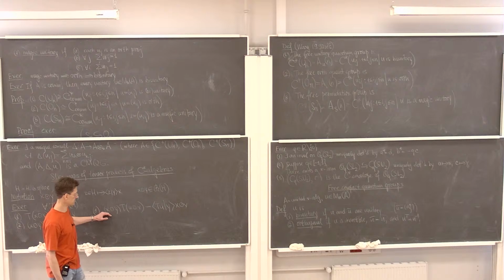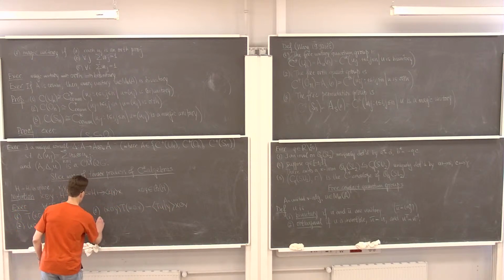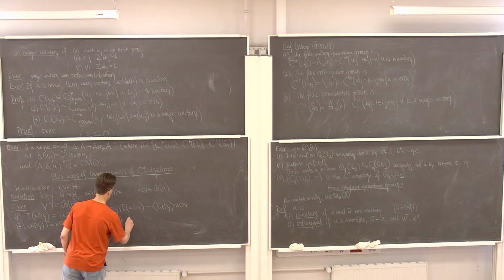X is always on the left, V is always on the right, and these three give us this number. And finally, part 4, the norm of this operator, X circle Y, is just the product, the norm of X times the norm of Y.